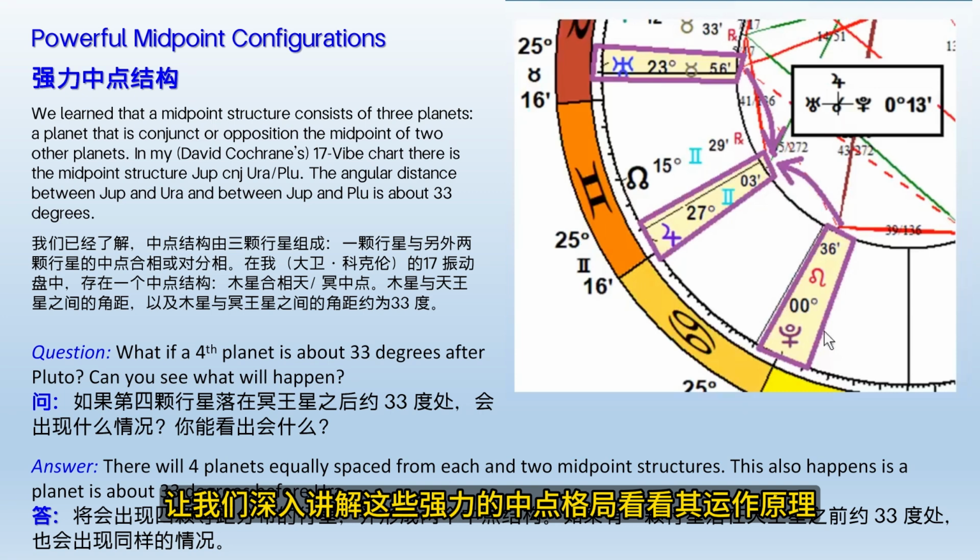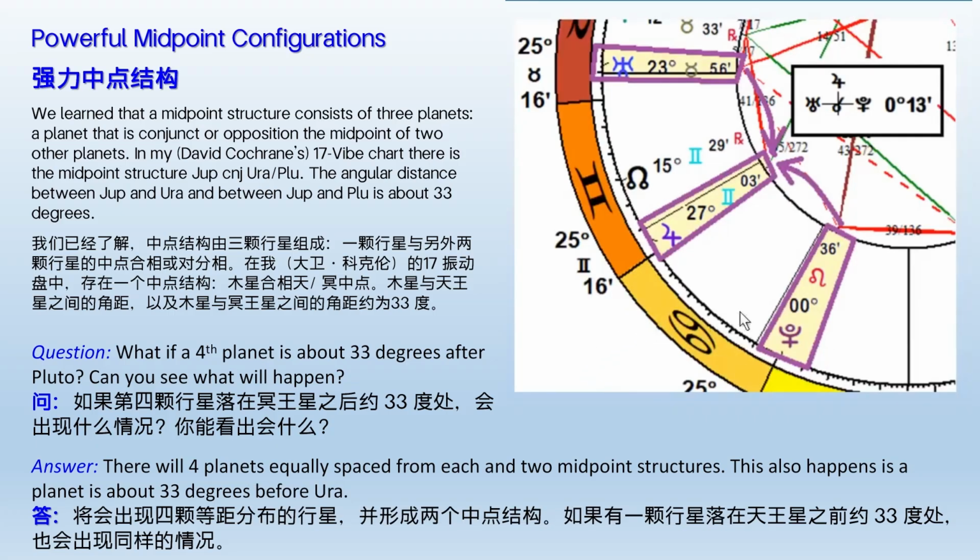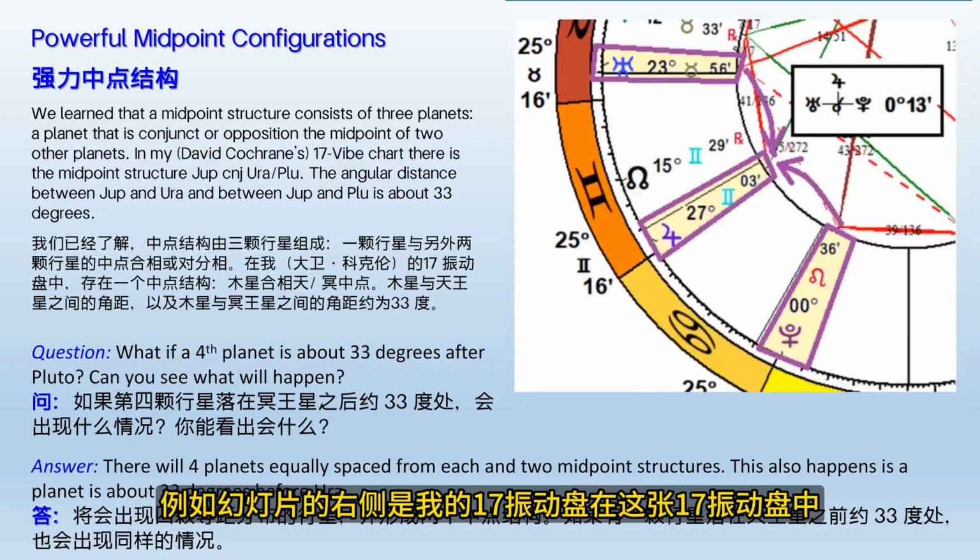These are powerful midpoint configurations. Let's see how this works. We learned what a midpoint structure is in previous videos in this series, and you probably know about it from other videos or other knowledge in astrology. So for example, on the right side of this slide is a part of my 17 vibration chart.